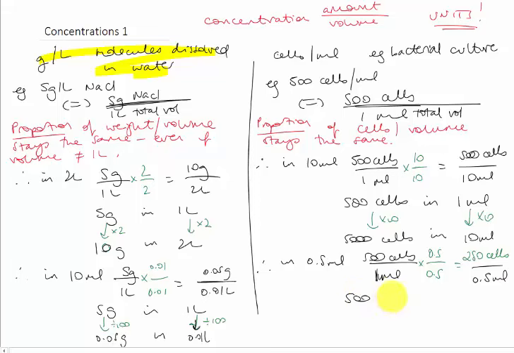And just the same, if we've got 500 cells in 1 mil, let's do the little arrows, that's 0.5 mil. So then we're dividing that by 2. I think it's quite intuitive really. And then we divide this by 2 also. So again, that's 250 cells in 0.5 millilitres.